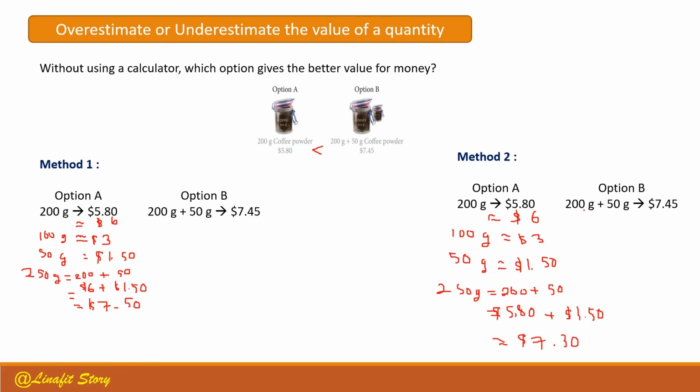In option B, 250 grams cost $7.45. So option A gives the better value for money, since $7.30 is cheaper than $7.45.